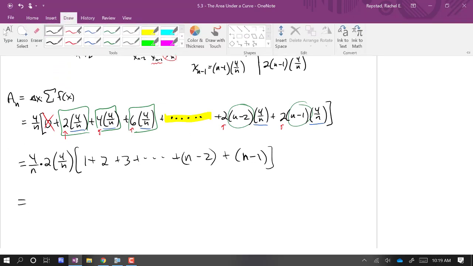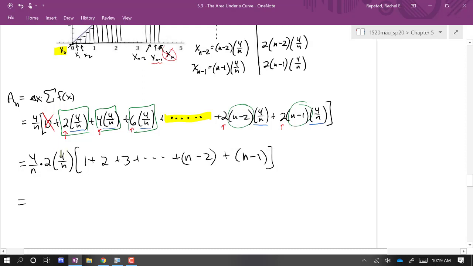The bit in the beginning will simplify a little because I have 2 factors of 4 over n, so I've got 2 times 4 over n squared. And then we're going to simplify this sum. We still have this dot dot dot, but we're at the point where we can get rid of it.